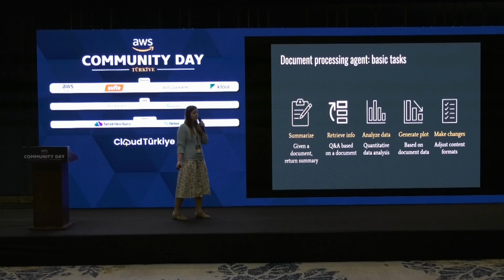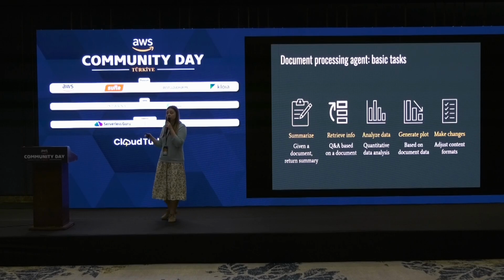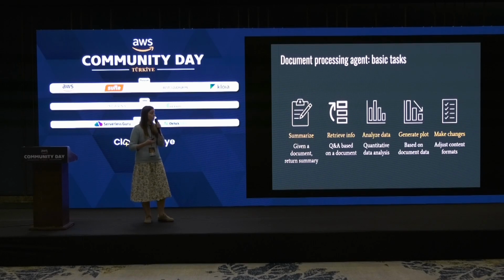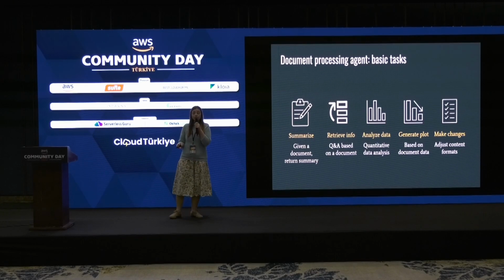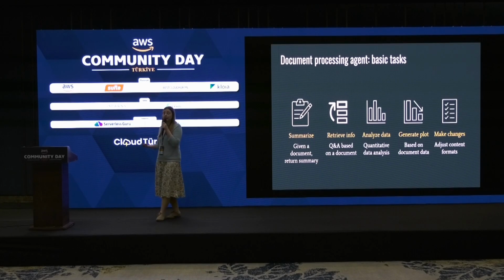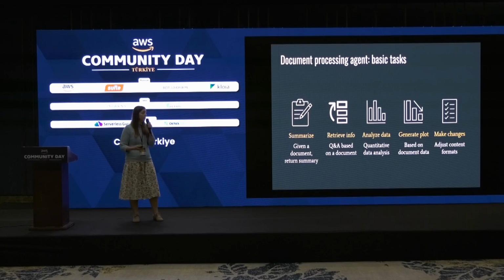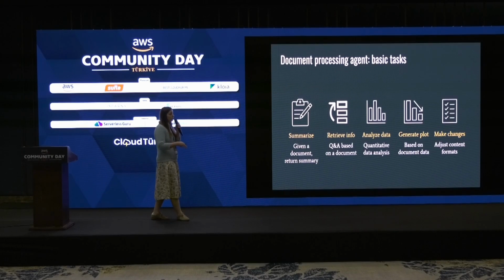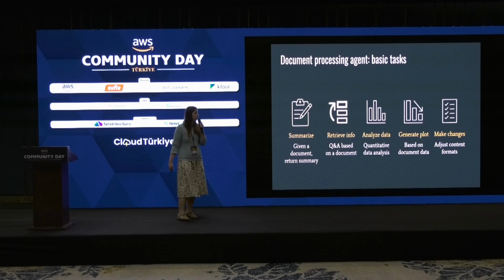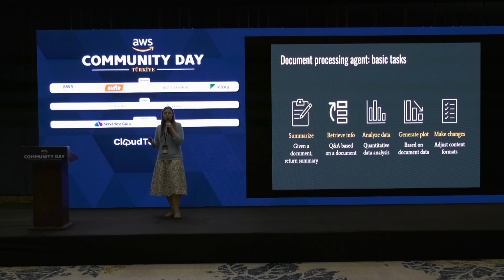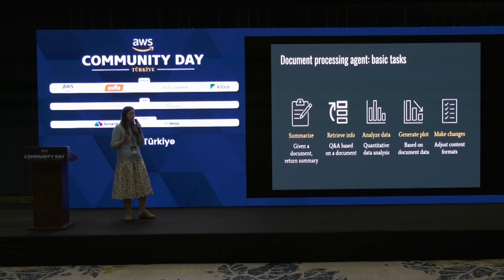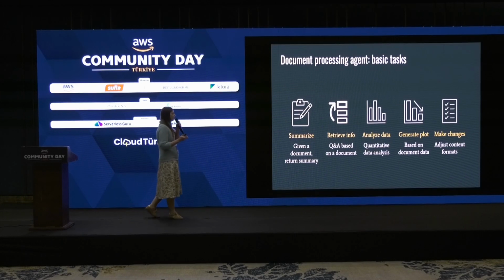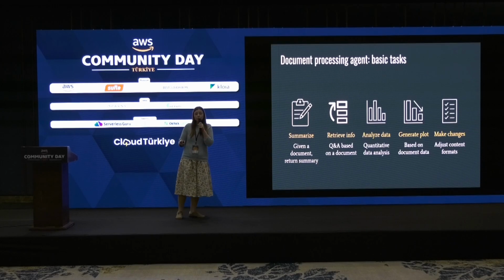Also, data analysis. If we have, let's say, an Excel spreadsheet, we want a quick insight into what's going on. Or plot generation, which is also a popular task. And also some boring, quick changes. For example, changing a date format or other formatting, just to adjust some content format.